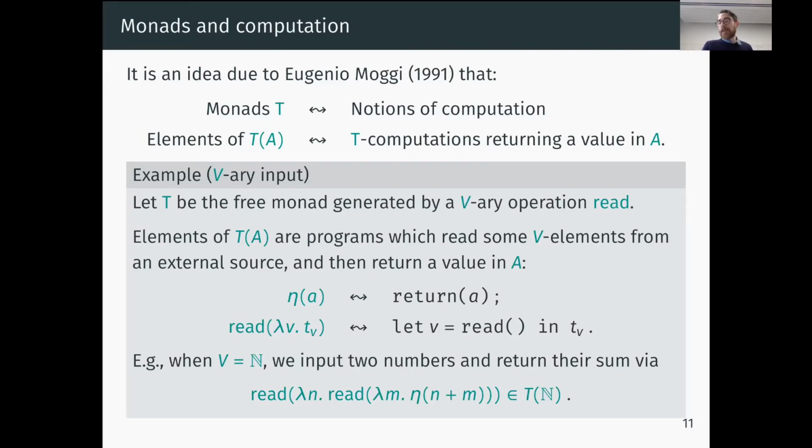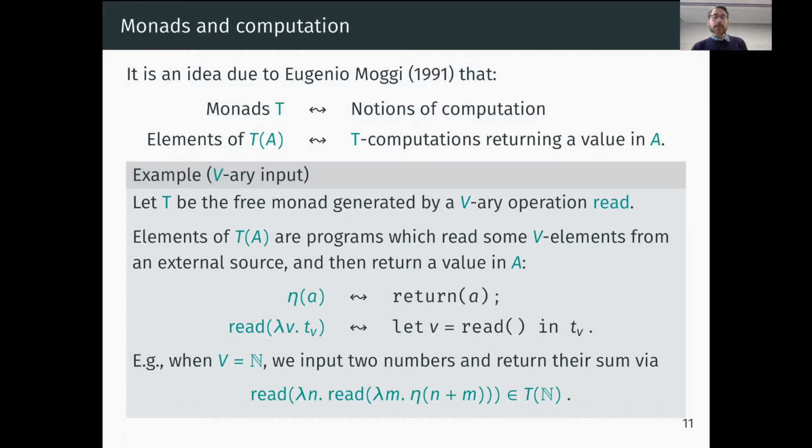Okay, I mean, if I look at the squaring function from natural numbers to natural numbers, there's nothing in the squaring function that allows me to prompt a user to input a natural number. Okay, it's just a thing that squares natural numbers.